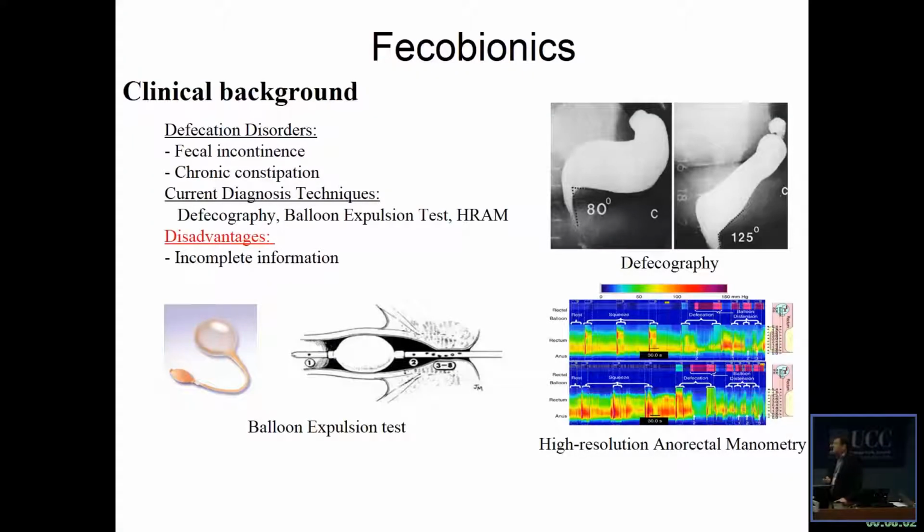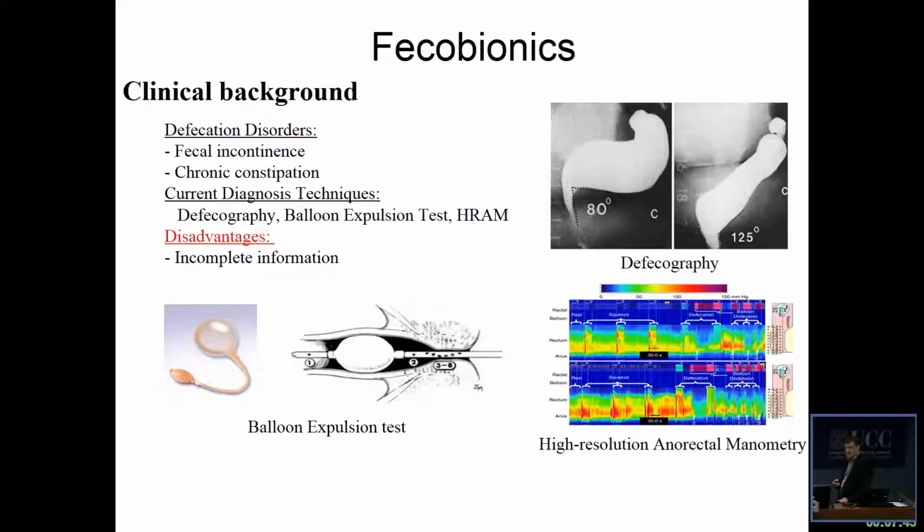The last of the three applications is called Fecobionics. So Feco means it has something to do with defecation. Bionics means electronics in biology. We will get back to that.